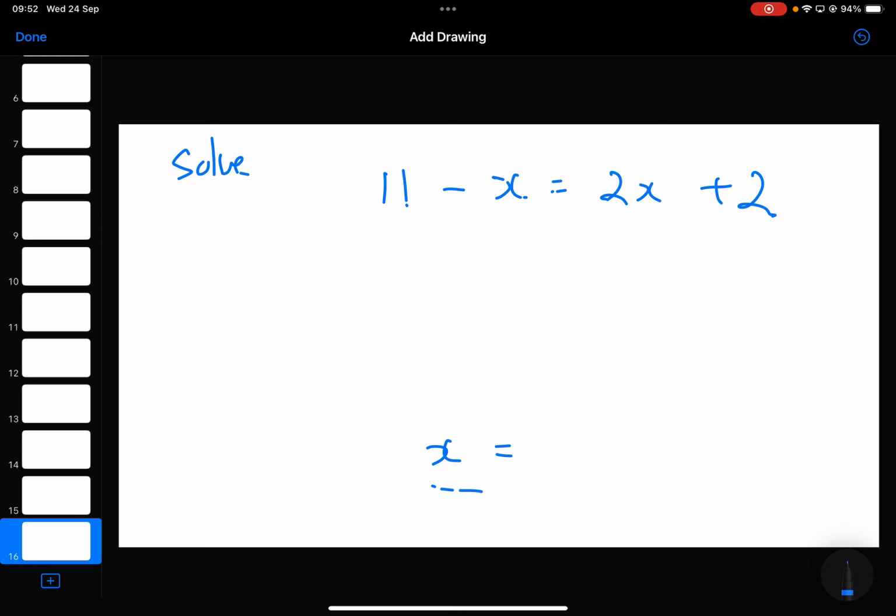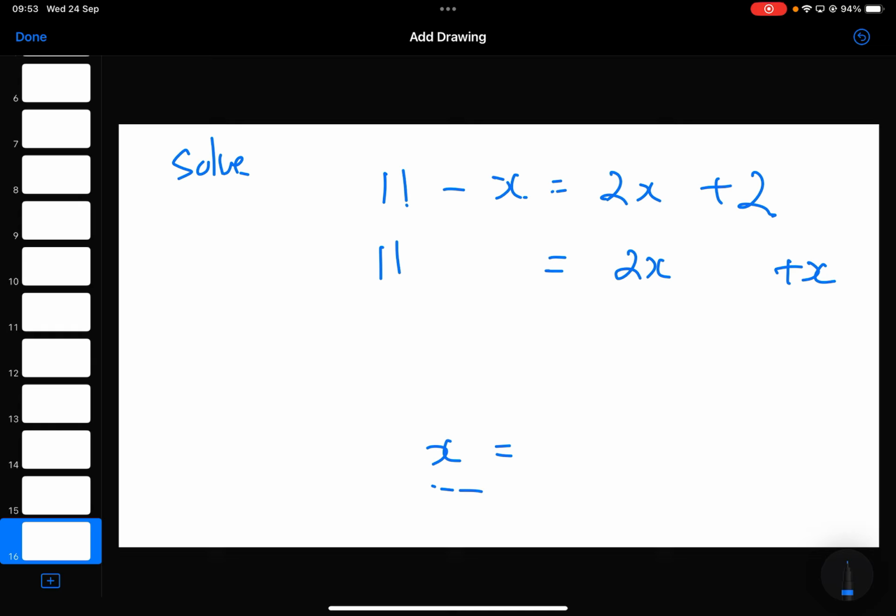So I don't want to shift my 2x here. I want to shift my x to the right hand side instead. How do I shift this minus x across? I plus x. So it will appear on the right. Then it will disappear from the left. Minus x becomes plus x over here.